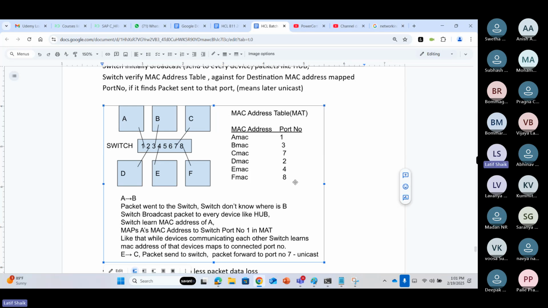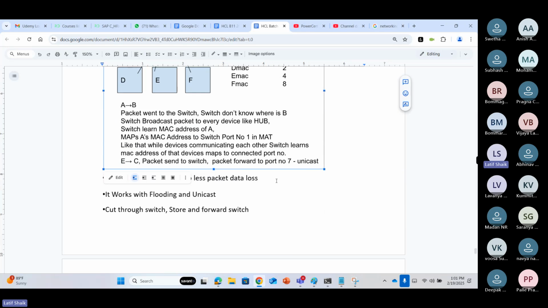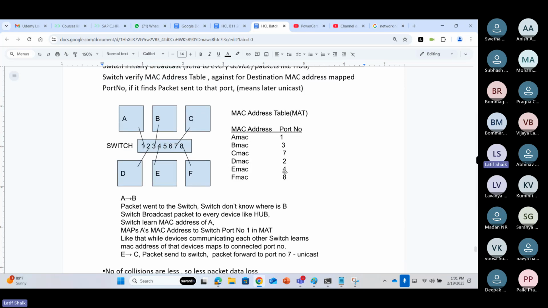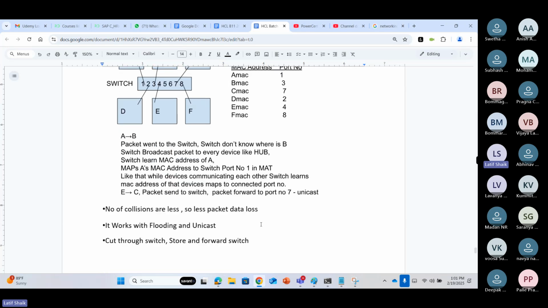It finds unicast, not broadcast. Because of this, the packets are not sent to other devices. So when we are doing unicasting, other devices do not unnecessarily get your packets. The amount of traffic is reduced, the number of collisions is reduced, and there is less packet data loss.